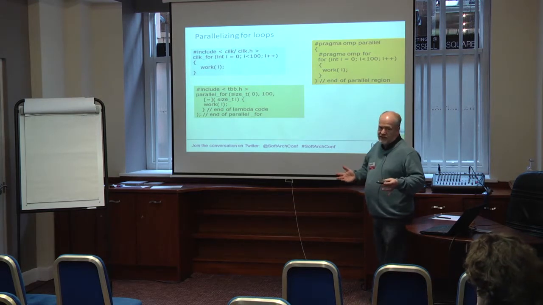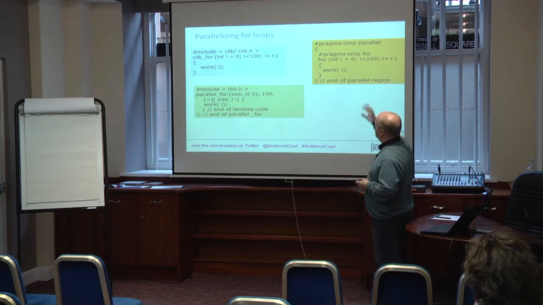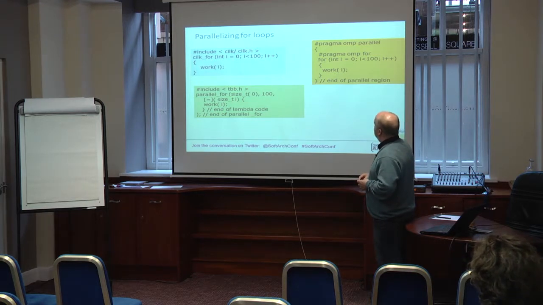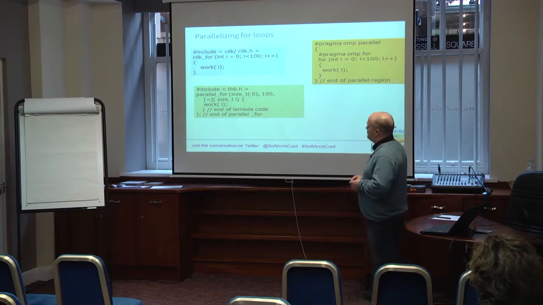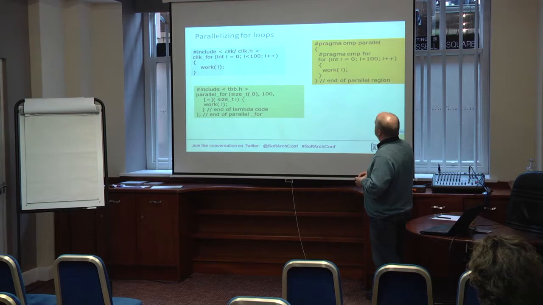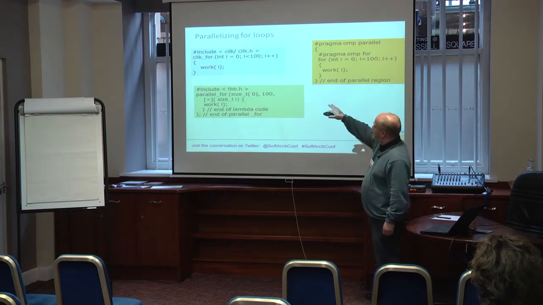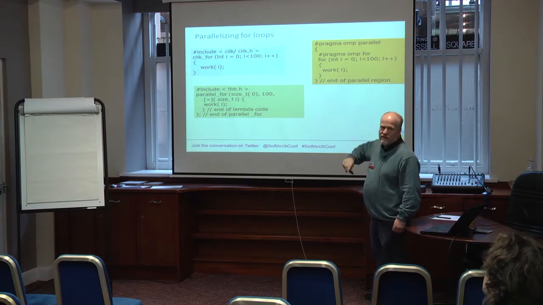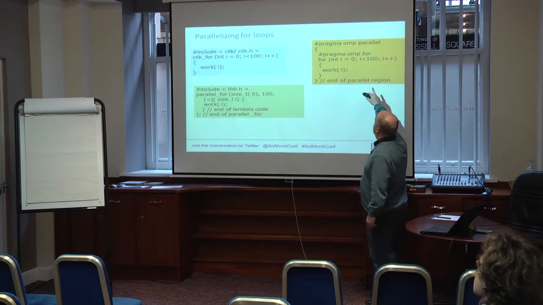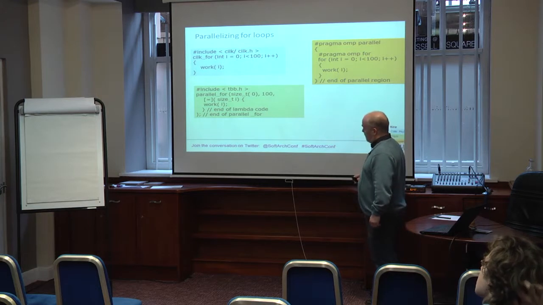All my examples are in C, but OpenMP you can also do in Fortran. The two more straightforward to understand, I think, are Cilk Plus, which is just a different word for the for, and OpenMP, which is just putting a pragma.